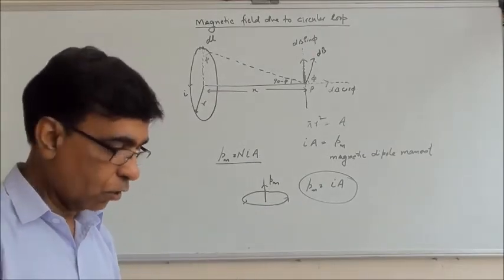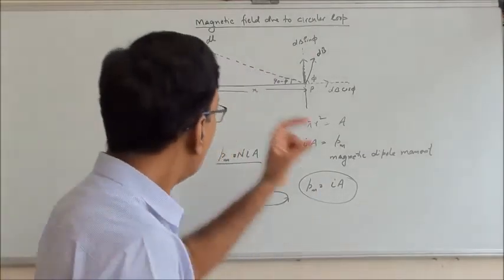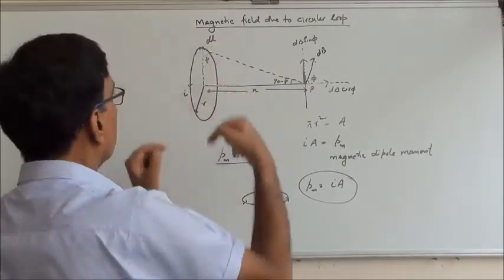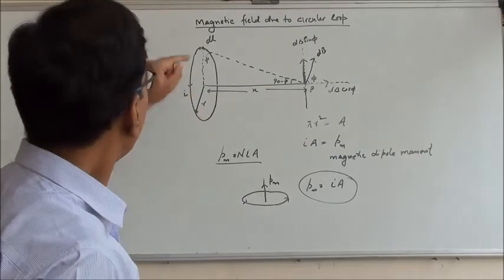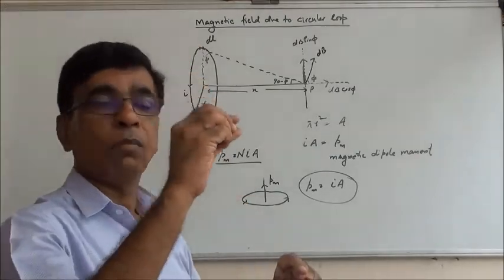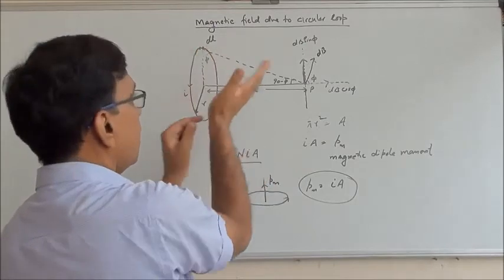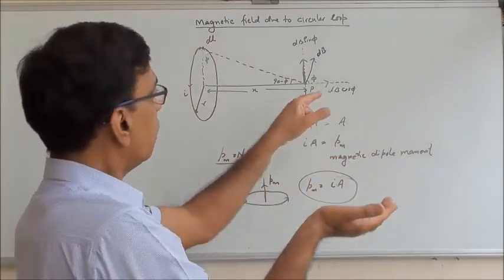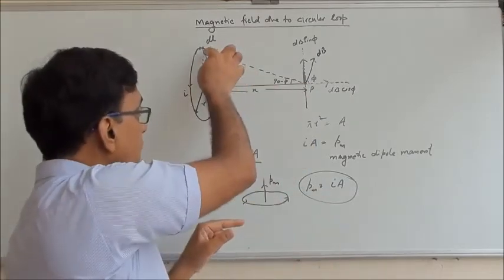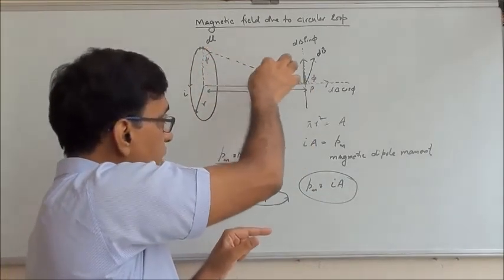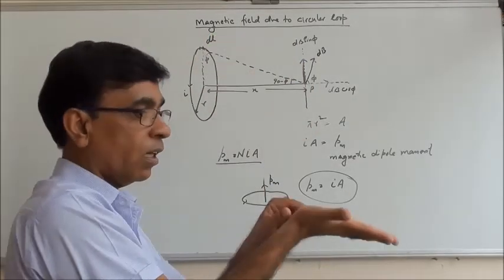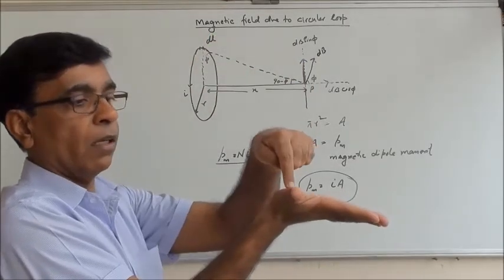Magnetic field due to a loop on the axis. Again, let me tell you briefly. We can assume that the loop is made up of a large number of small elements. We took one such element, then found the magnitude of the field at this point: mu naught by 4 pi, I dl sine theta upon the square of this distance, which is under root r square plus x square, and that theta is 90 degrees, the angle between dl and r.